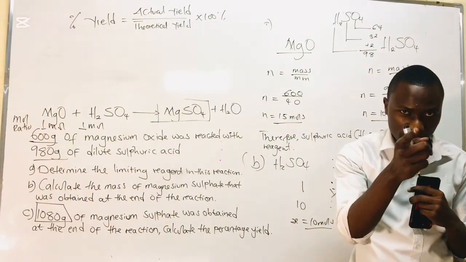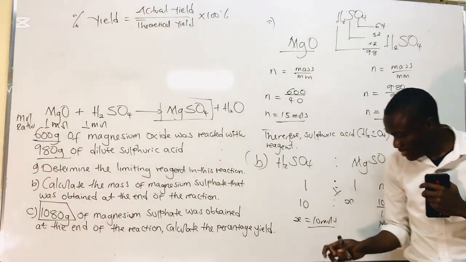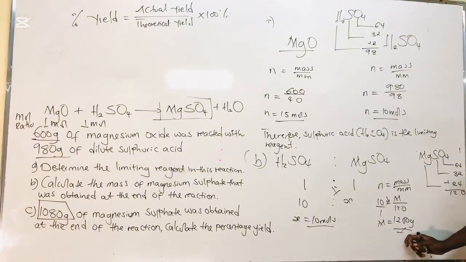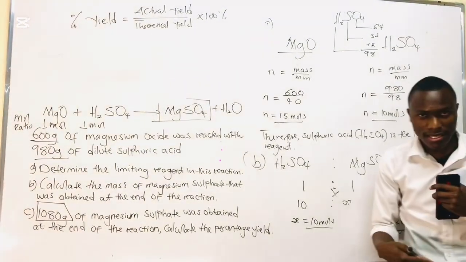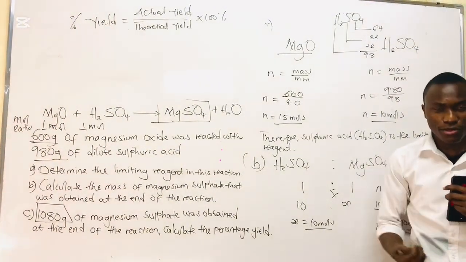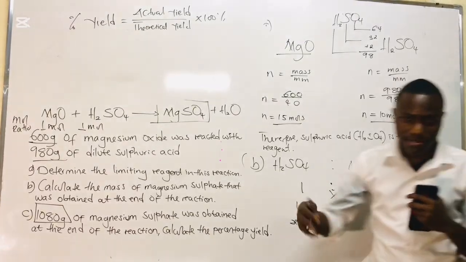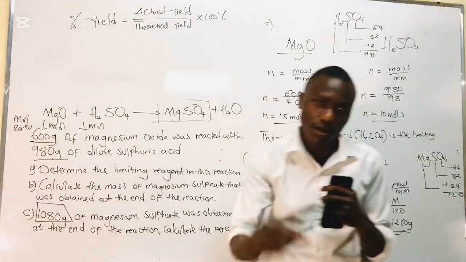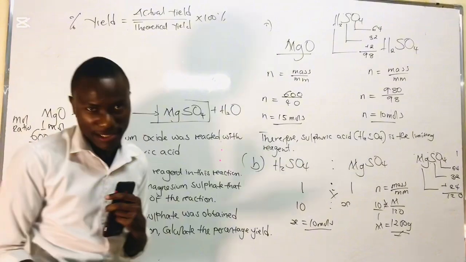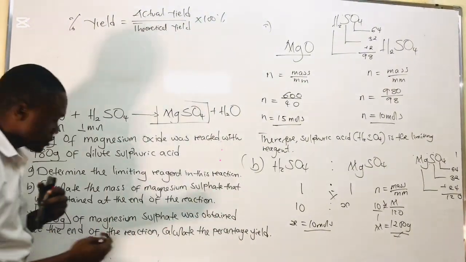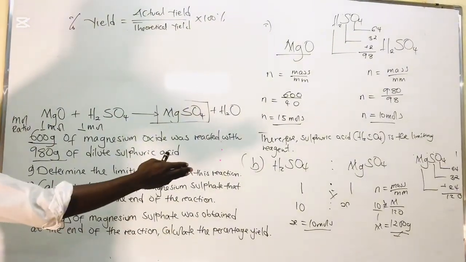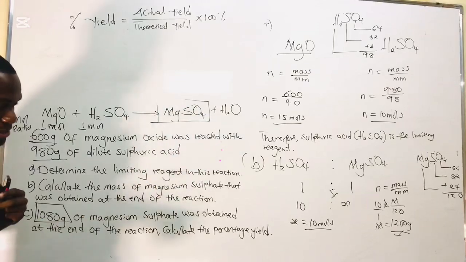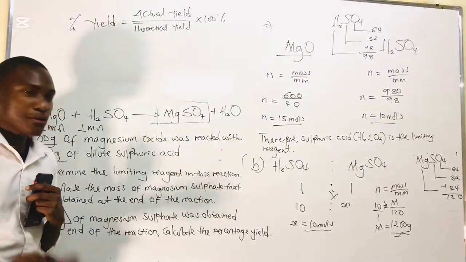If you can remember, we've calculated this mass for magnesium sulfate. So what we've calculated is its theoretical yield. What they've said was given is the actual yield. What we have calculated there for magnesium sulfate, that is its theoretical yield.